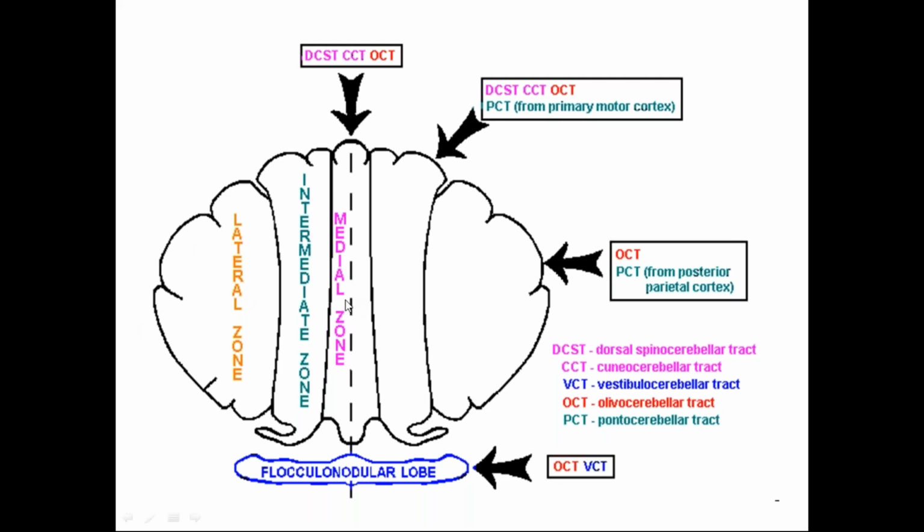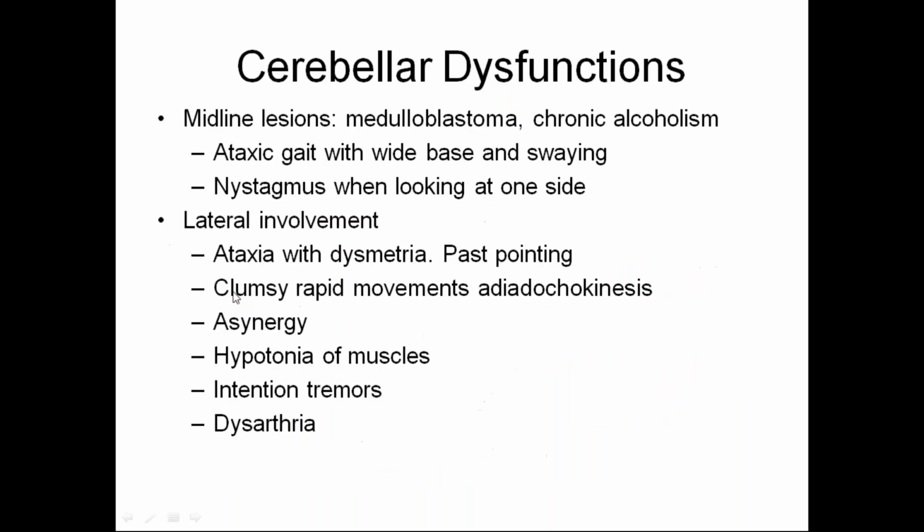And then the body is represented in the median part, intermediate part, and the lateral part is the processing. That means you can understand that the cerebellum has an important role in carrying out all our motor functions.